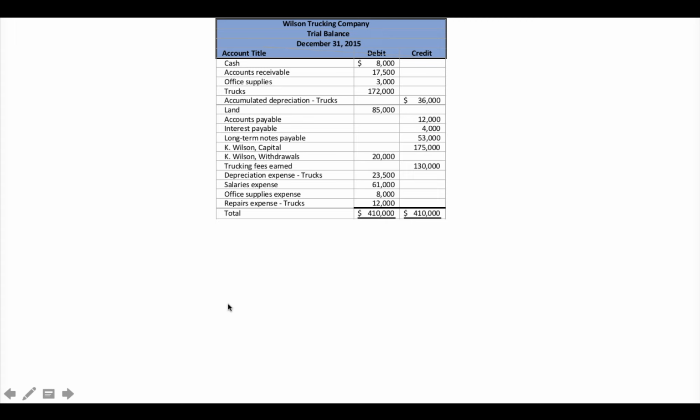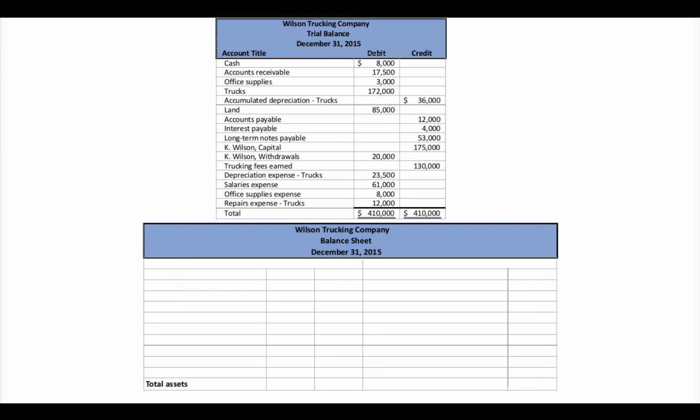We're going to have assets on one side, liabilities and owner's equity on the other side. Again, not too hard to determine which of these are assets. They're all listed here under the assets.